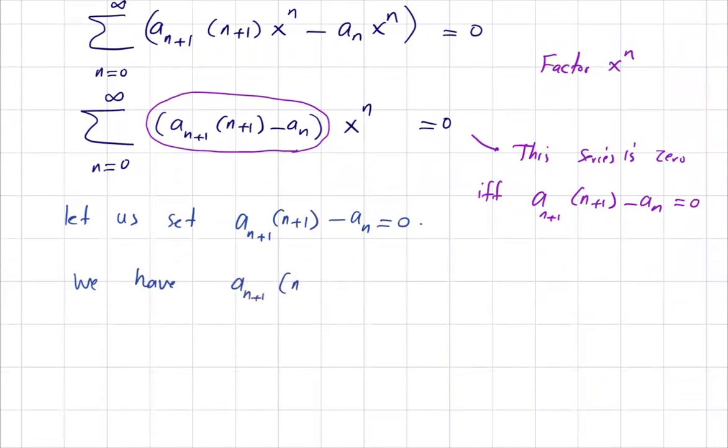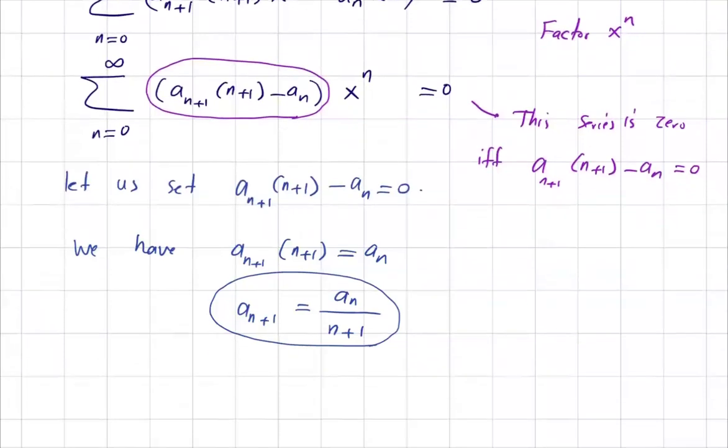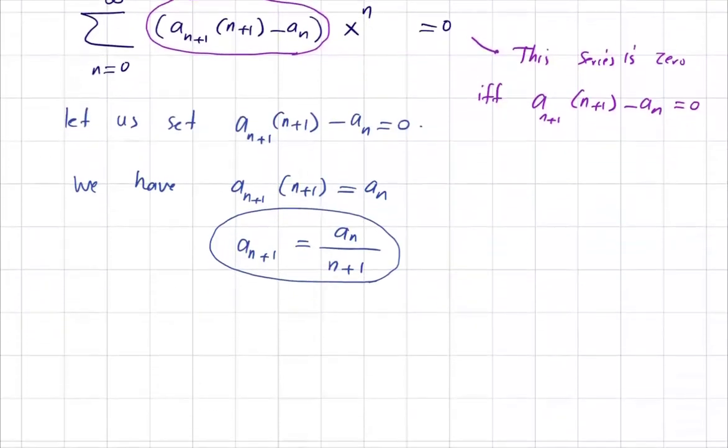We have the following formula. a_(n+1) times (n plus 1) is equal to a_n. So a_(n+1) can be written as a_n divided by n plus 1. This helps us to find a sub 1, a sub 2, a sub 3, and so on. This formula helps us to find the coefficients.